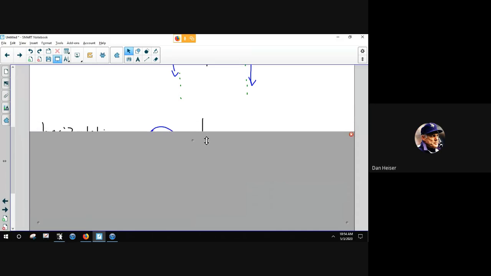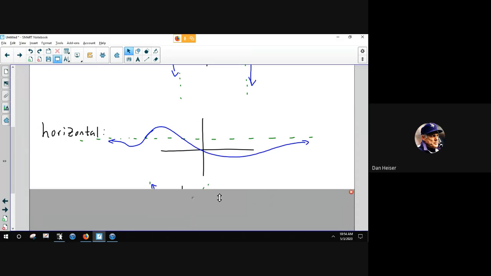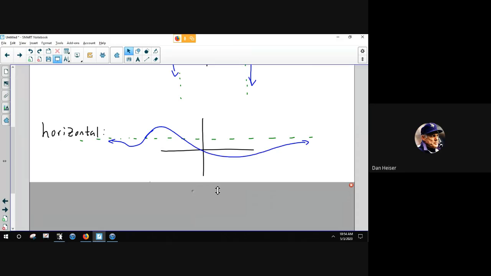Second kind of asymptote is a horizontal. These can be crossed several times. This one's crossed twice, but as x gets very, very large, the function will eventually approach it.